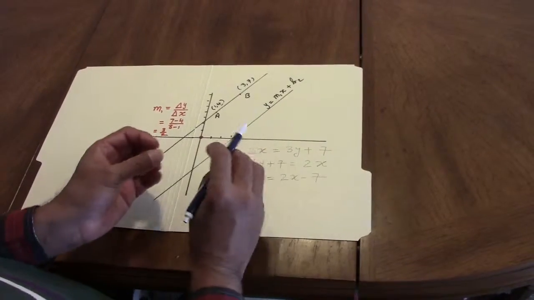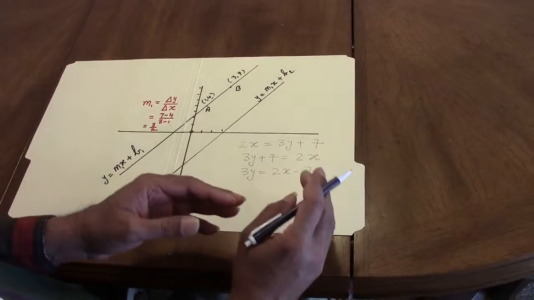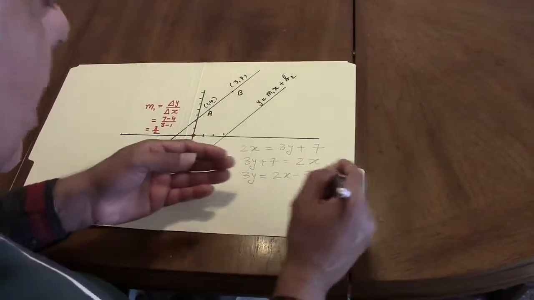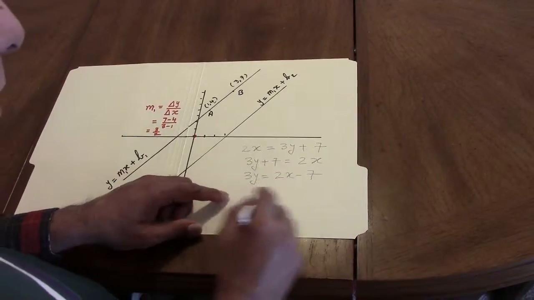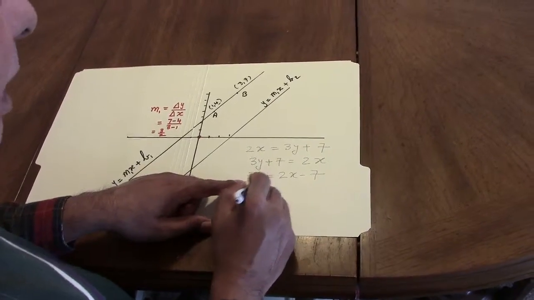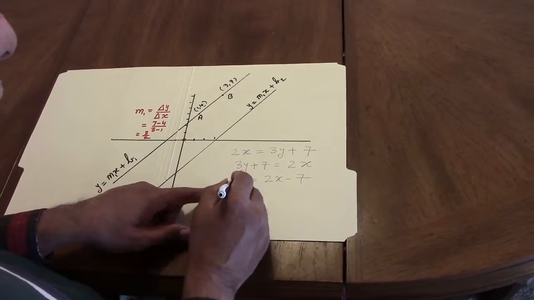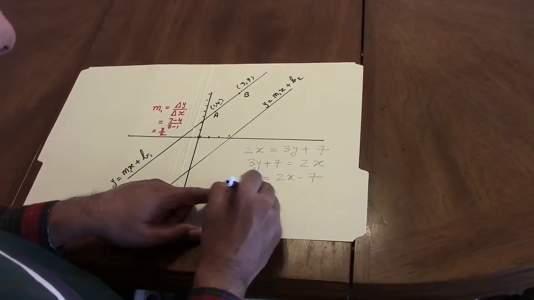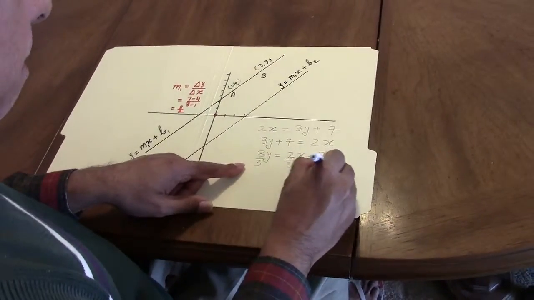when we take an element from the left side to the right or the right side to the left, the sign changes. This is still not in its standard form, so I just need to have y on the left side, so we need to get rid of the 3, so divide everything by 3.